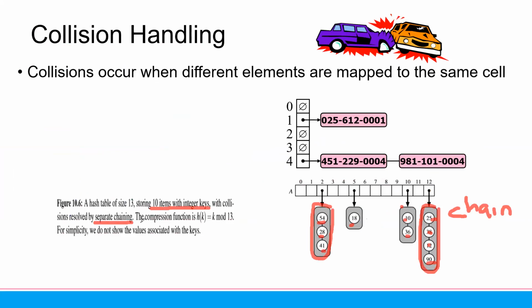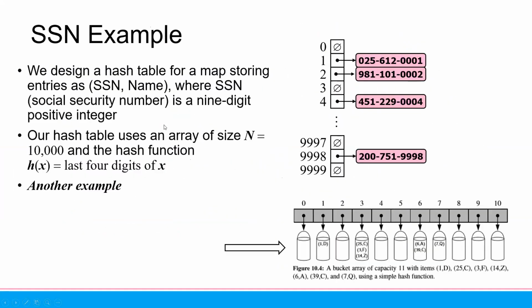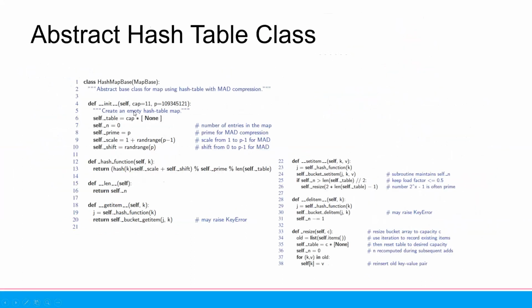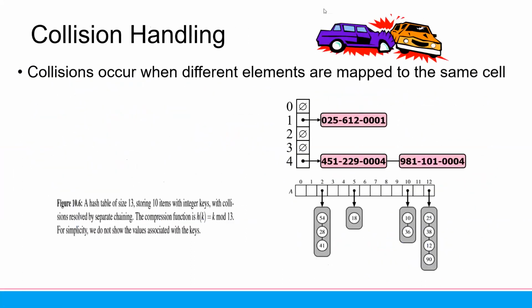In this case, we can consider a compression function. Do you still remember the compression function? Last time we learned about it. The compression function means I want to change any integer into a location in the list or in the array. So I have the integer value 54, and I want to know where I should put this 54.